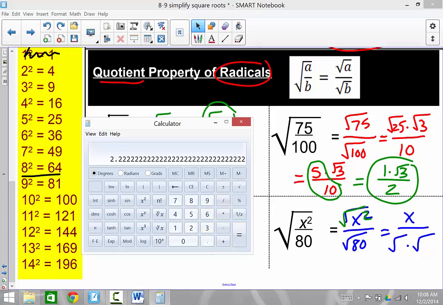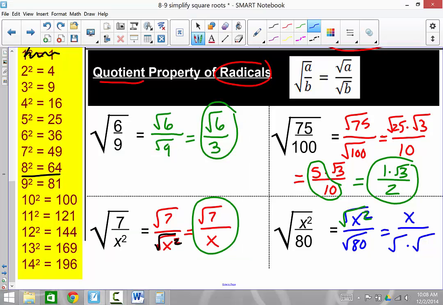Nope. 25. 80 divided by 25. Nope. 16. 80 divided by 16. And there it is, 16 and 5. So let's go ahead. First square root here is 16, and then times the square root of 5 is equivalent to the square root of 80. I just, again, use the product rule.